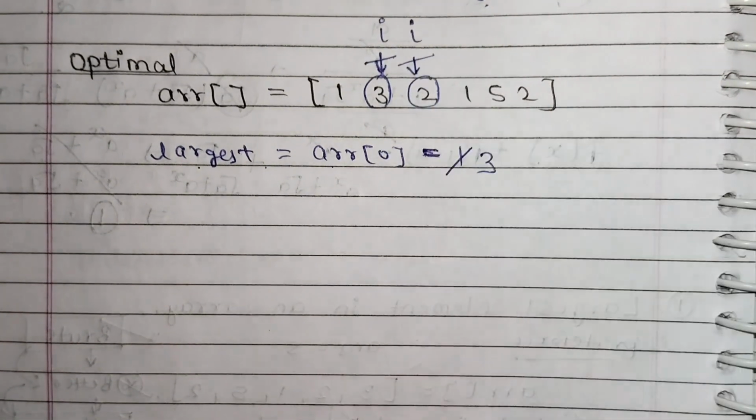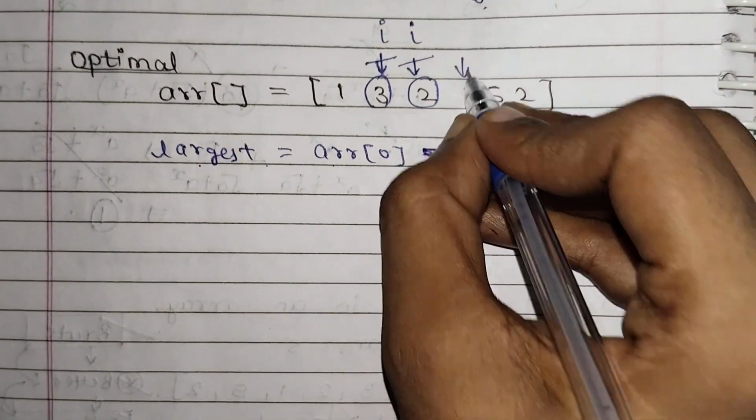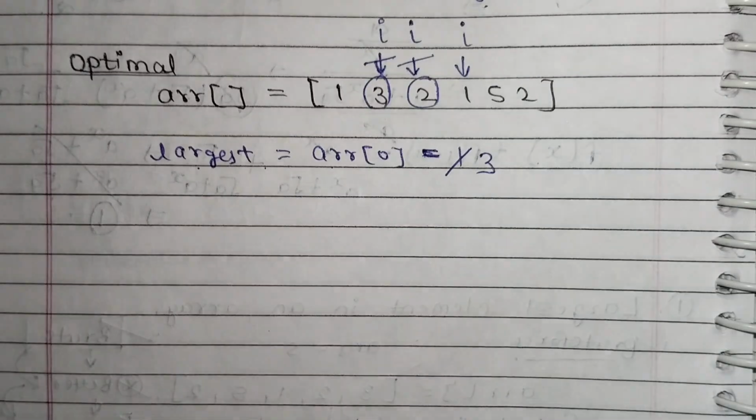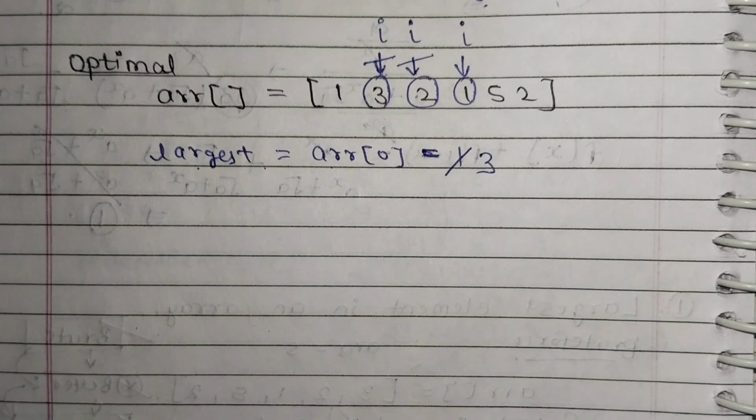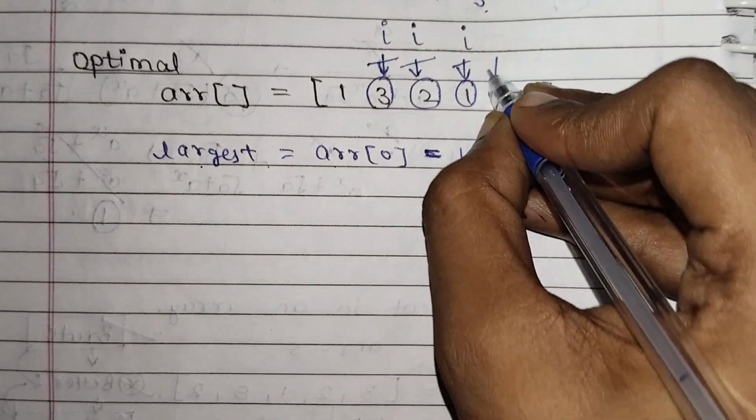So let's keep moving on. Then i is equal to 3, the element here is 1. Let's compare arr of i with largest. Are you greater? No, I am smaller than largest. So keep moving on.